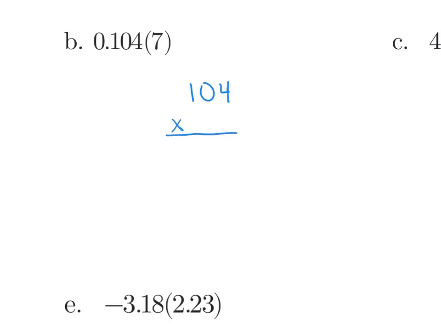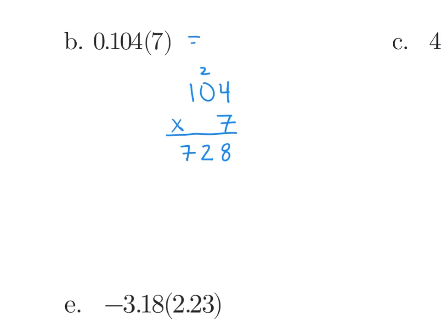And I'm going to multiply by 7. All right, so if we go ahead and multiply, I get 7 times 4 is 28. Carry the 2. 7 times 0 is 0, plus 2 is 2. And 7 times 1 is 7.